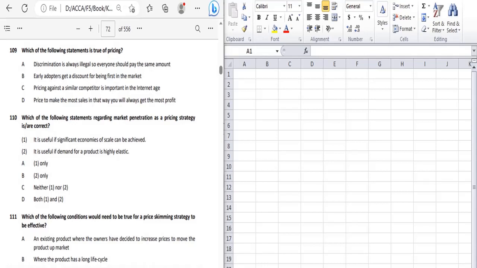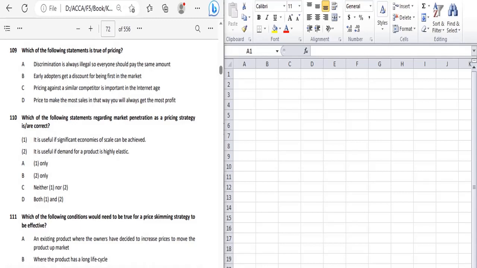If you open the Kaplan book and go through the topic of penetration, you can see that a few circumstances are described where the penetration strategy will be useful. First, when a firm tries to increase its market share, it will adopt a market penetration strategy.